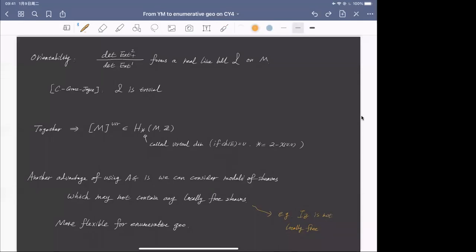In physics language, maybe you can understand this as some D8, D0 branes in Calabi-Yau fourfolds. There are some points here. Outside these points, this is just a trivial bundle, but something non-trivial happens at these points. In geometry, there's a way to describe this, called the ideal sheaf of 0-dimensional subschemes.